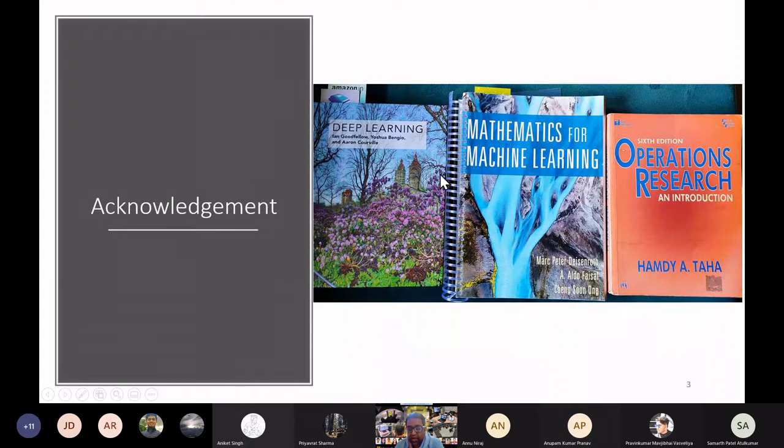I also took some help from this ebook, which you can download, Mathematics for Machine Learning. And finally, this is a slightly older book from my undergrad days, but some of the concepts are very well explained in it, mostly the optimization algorithm concepts.